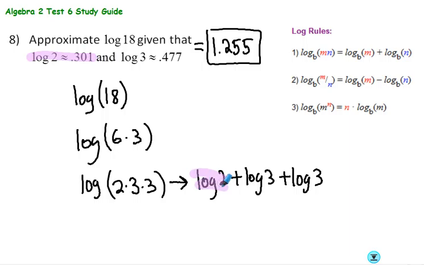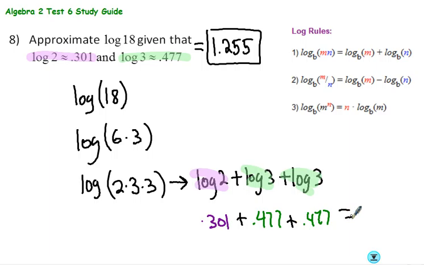So where there's log 2, I'm going to replace that with 0.301 and then plus log 3, which is 0.477. There's log 3, there's log 3. So plus 0.477, 0.477, and then let's add all that up.